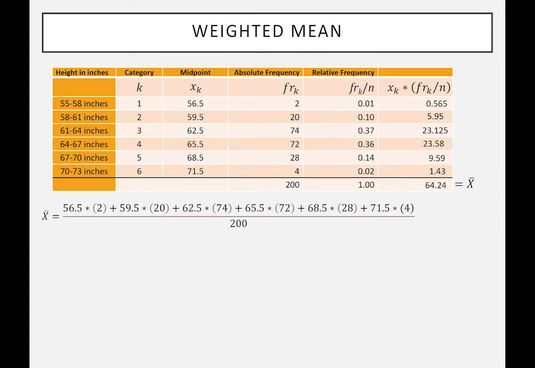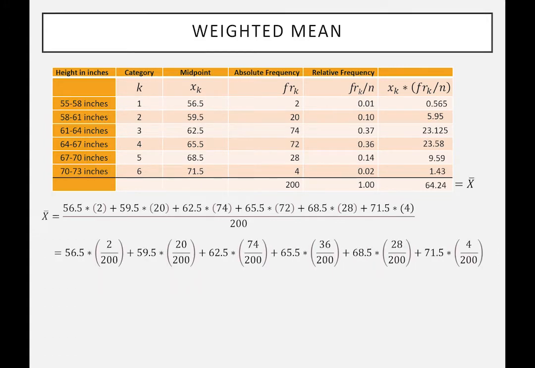is the midpoint value. Now, I can rearrange this arithmetic a little bit and just do it this way. I can divide by 200 for each case, before dividing by 200 at the end. So I've done this again this way. And in effect, this amounts to 56.5 times 0.01, which is simply what we've done in the table above.